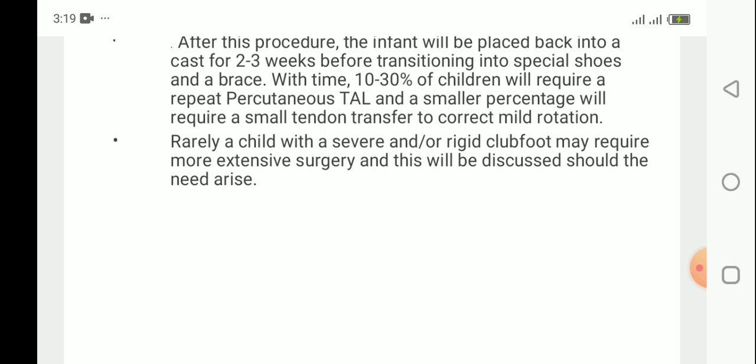With time, 10 to 30% of children will require a repeated tenotomy, and a smaller percentage will require a small tendon transfer to correct the mild rotation. Even after the surgery, if some of the children are not corrected properly, a small tendon replacement will be done to correct the posture. Rarely, a child with severe or rigid club foot will require more extensive surgery, and this will be discussed.